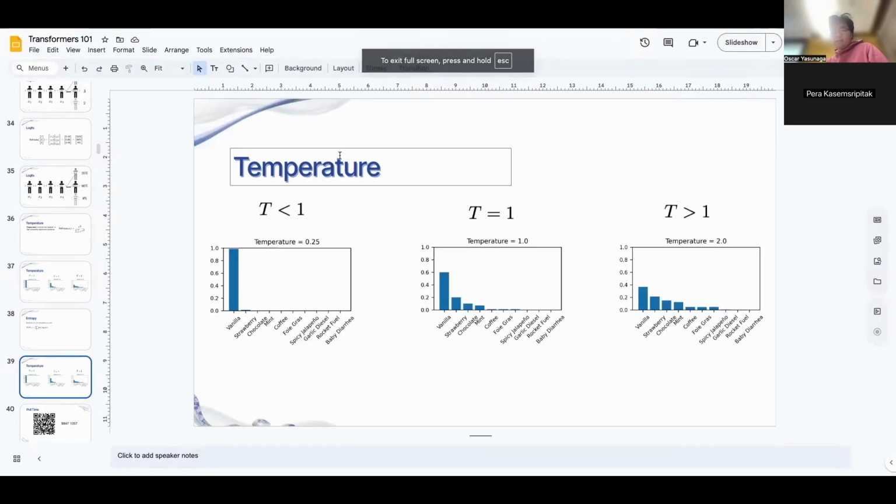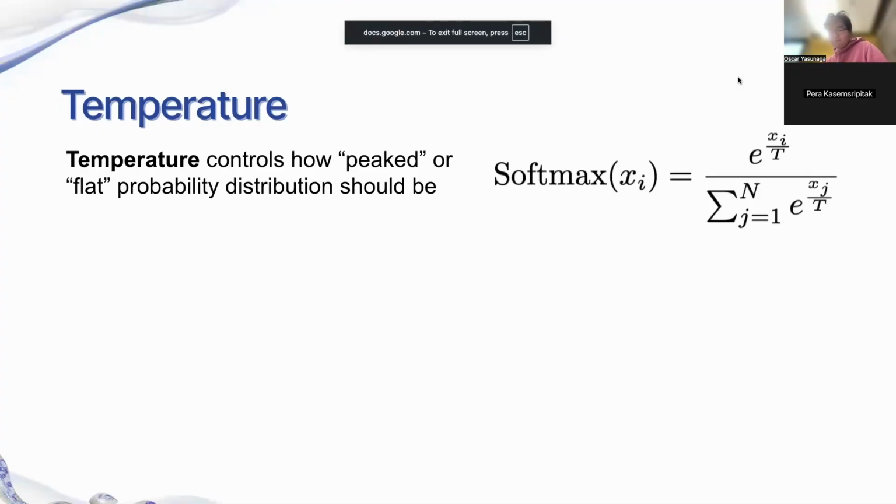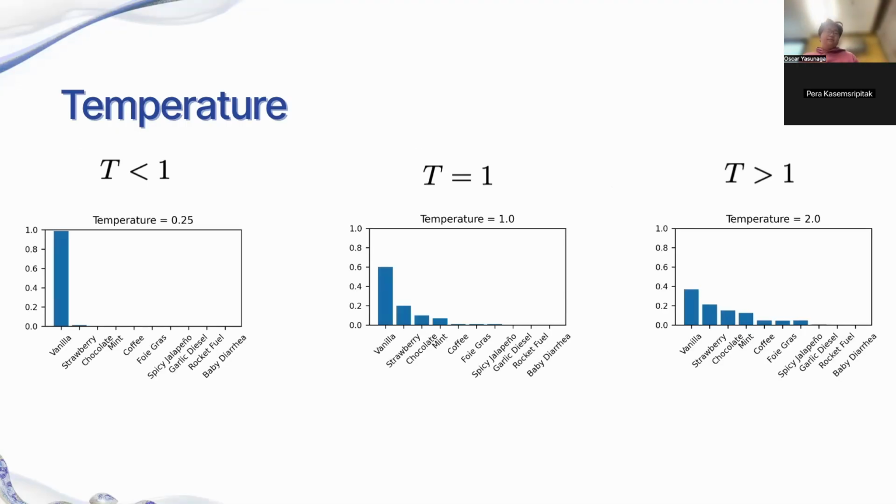If you go back here, if you set temperature to the limit approaching infinity, this exponential function approaches 1, and then you have 1 over the sum of 1 from j equals 1 to n. So it's just 1 over n for all elements. So that's uniform. And if it's 0, then you'll have an argmax function. Okay.